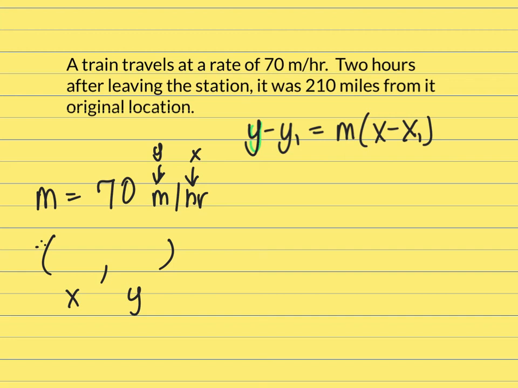So I can use that to help me find my point. Which values would represent our point? What would be the x? 2. And the y? 210. Good. So when I go to write this, I would have y minus 210 equals 70 times x minus 2.